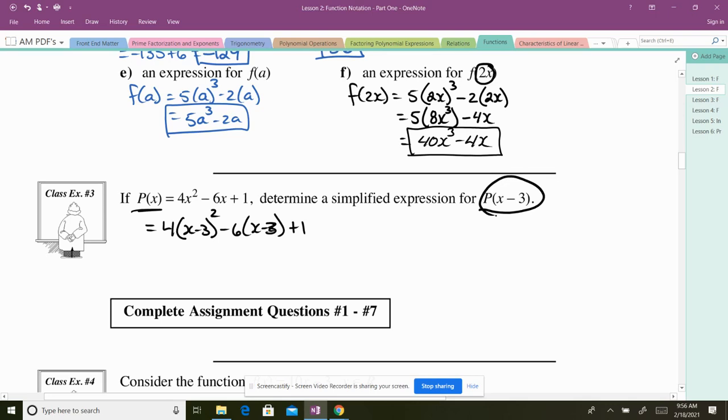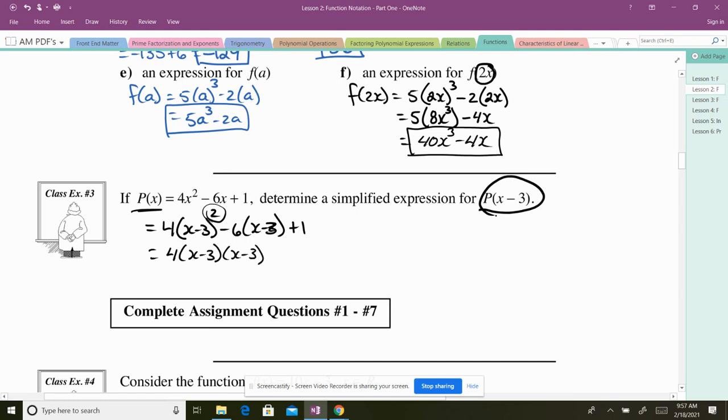Now, what do we do? So what does this mean? Yes. So it's not x squared minus 9 or x squared plus 9. It's 4 times x minus 3, x minus 3, right?